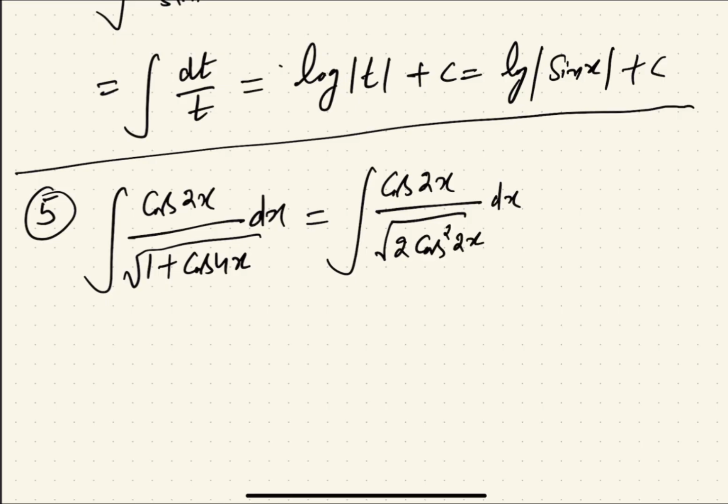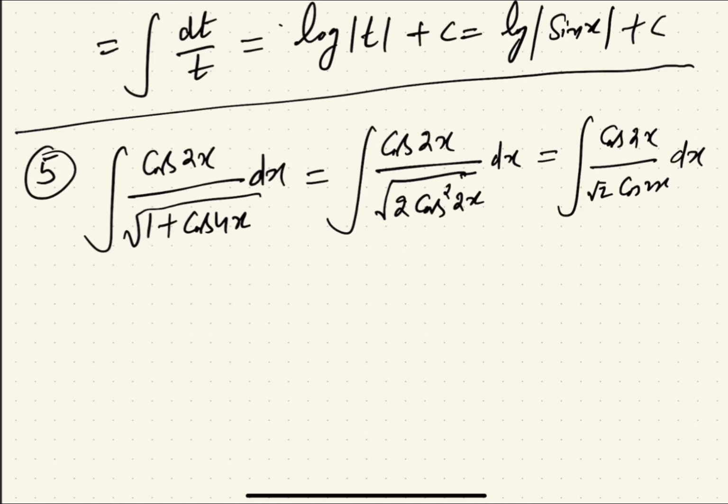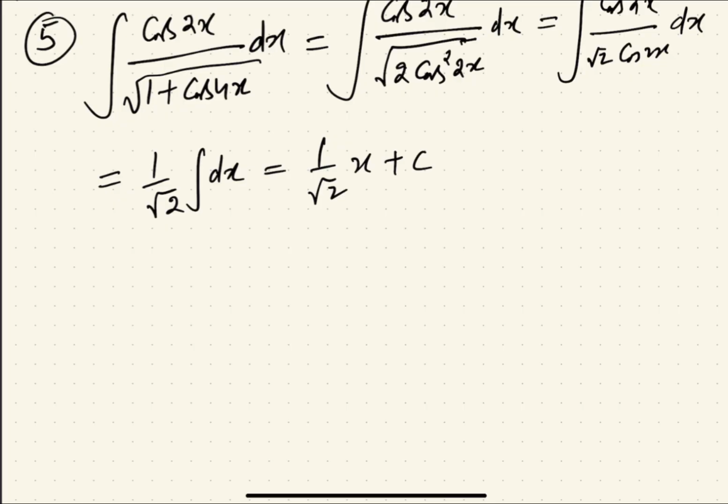Okay, this is very simple. This equals cosine 2x over square root 2 cosine 2x, dx. This cancels with this, and this equals 1 over root 2 dx, equal to 1 over root 2 x plus c. That's it. That's your answer.